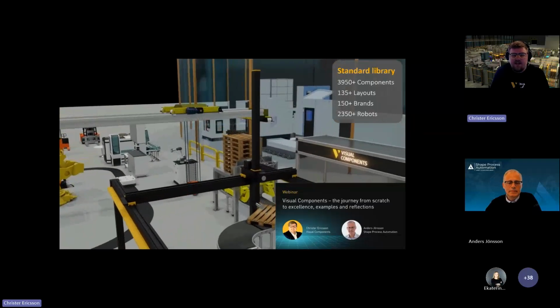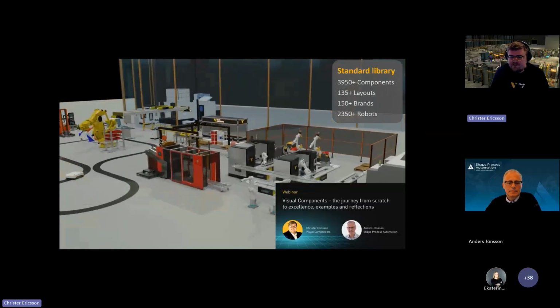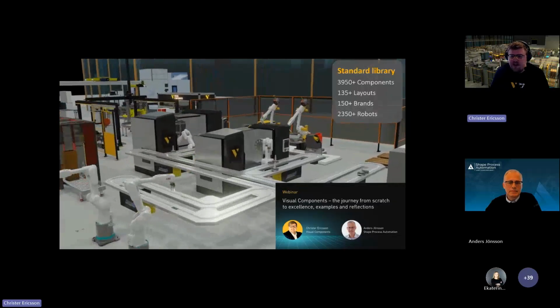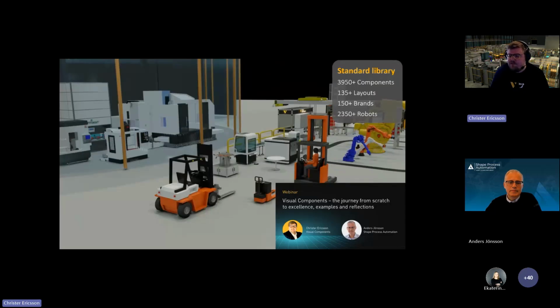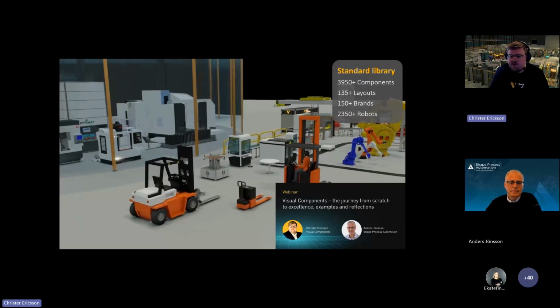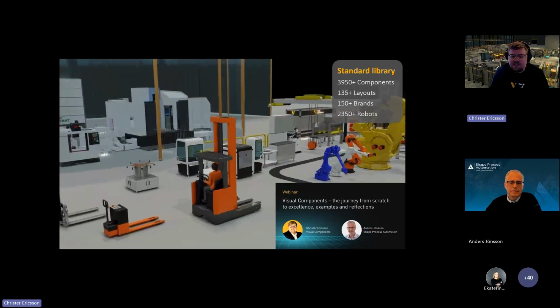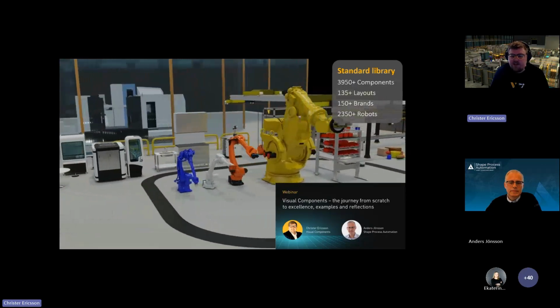We have something around 2,300 different robots. And that means that you have a massive library of components to start with before you might have access to CAD data, or when it's too early to actually spend time on making the specific models for your concepts. You can basically just drag and drop, plug and play, and get started.